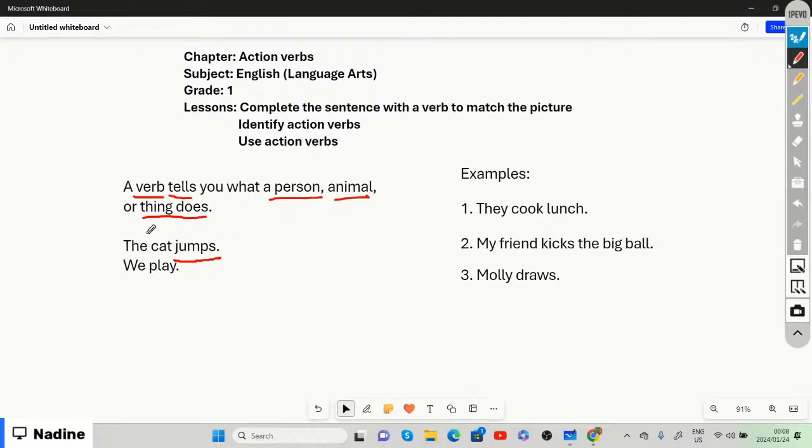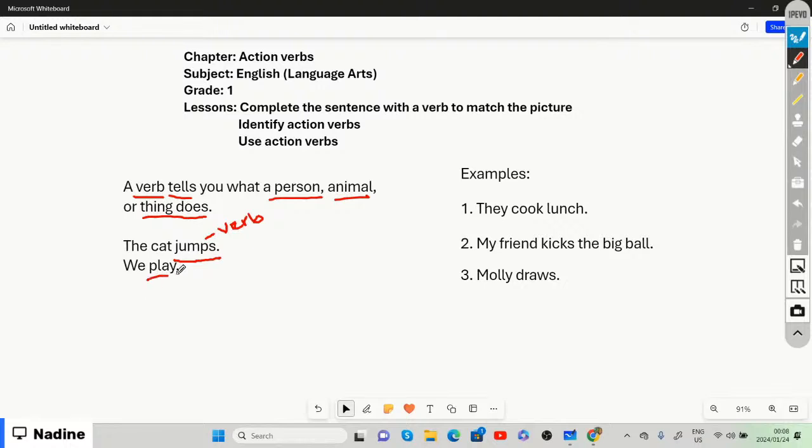The cat jumped. So the cat is the animal that did the action. Or you can ask, what did the cat do? The cat jumps. So jumps is our verb. It's the thing that the animal did.